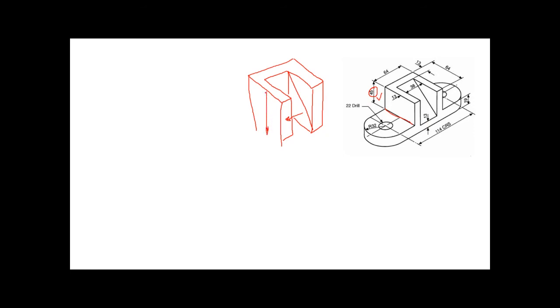How much should it be, guys? It should be the difference between 19 and 13, which means you have to add another 6. So this one should be 51. Do you agree? Yes, I agree.